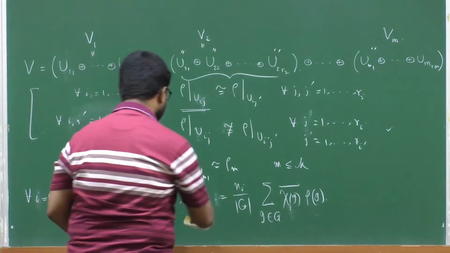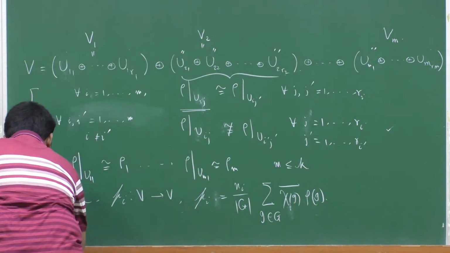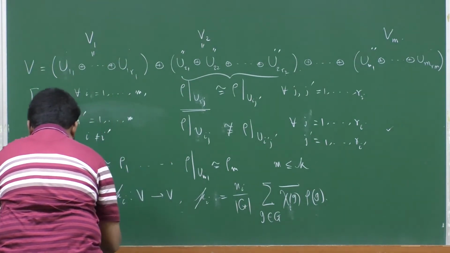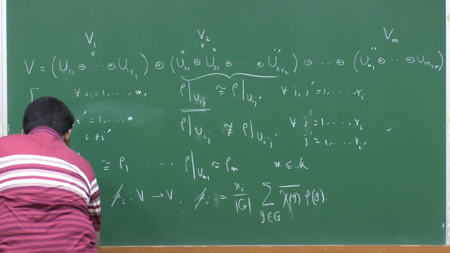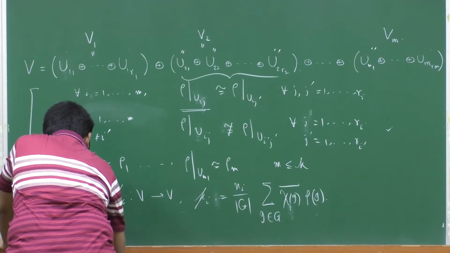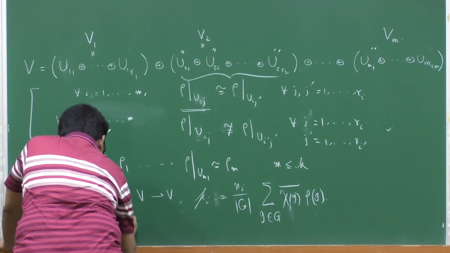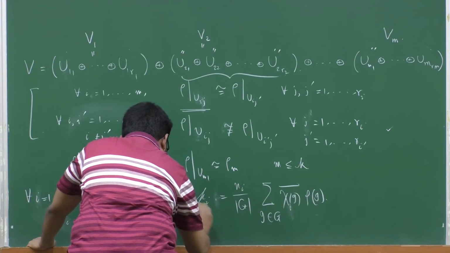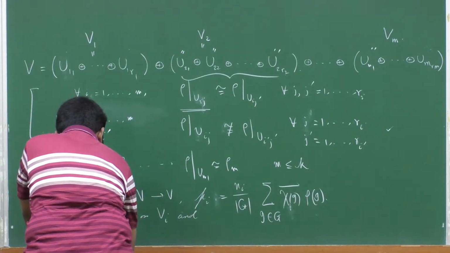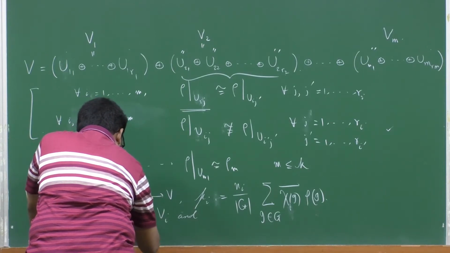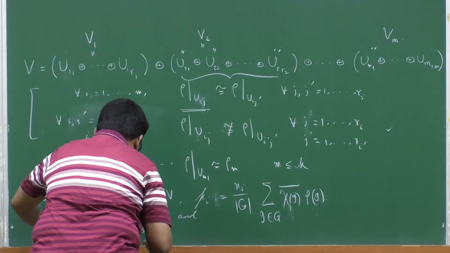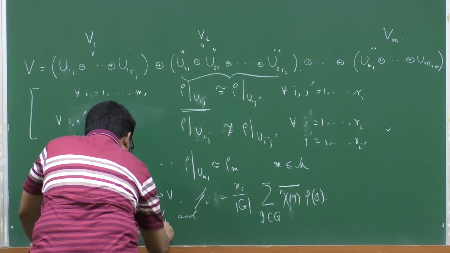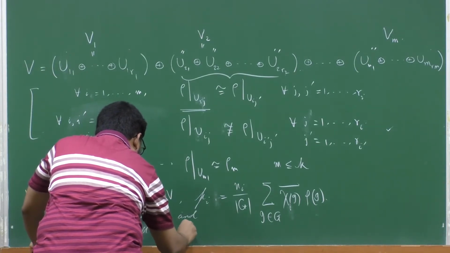So out of all this, what we have got is very simple: each Pi is identity on Vi and 0 elsewhere, so 0 on all Vj, j not equal to i.